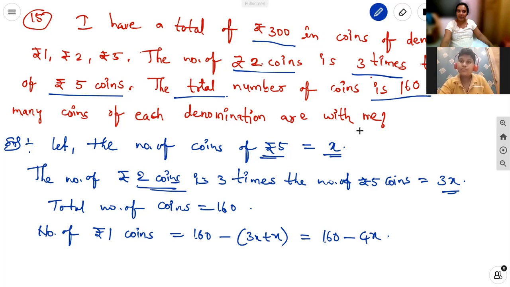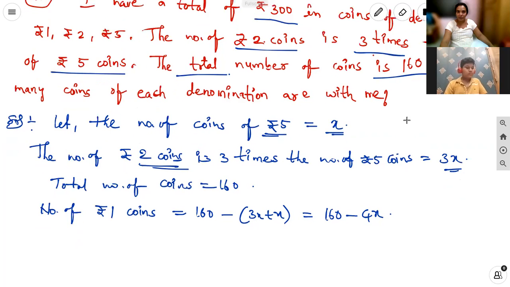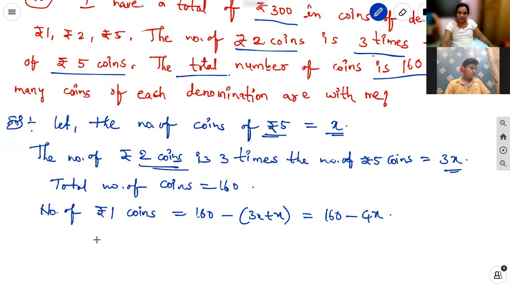Next, we can find out each and every denomination of the given amount. So here the total amount that I have equals 300 rupees.